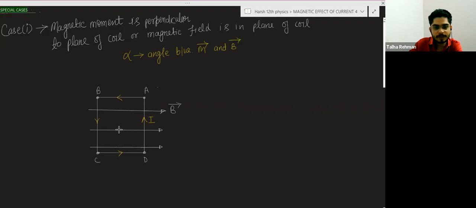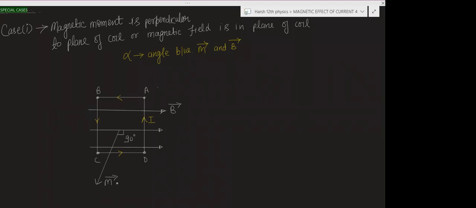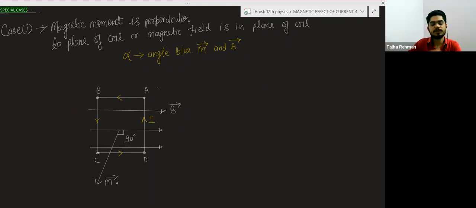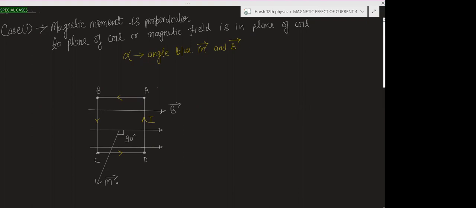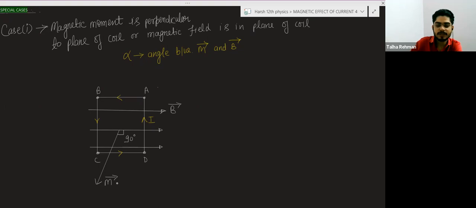This magnetic moment will be perpendicular to the magnetic field, because the magnetic field is in the x direction, and your magnetic moment is towards the z axis. So a 90-degree angle is between the magnetic field and the magnetic moment.